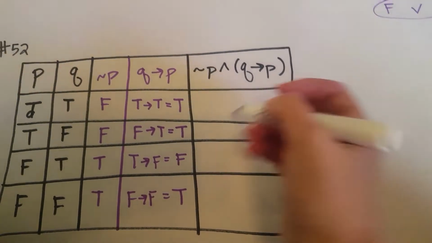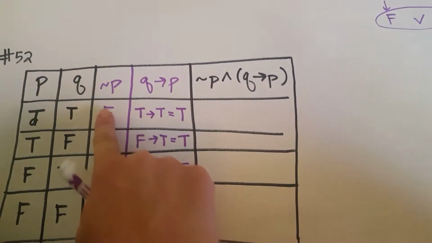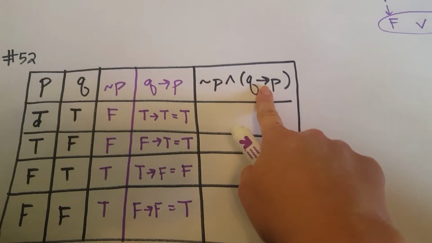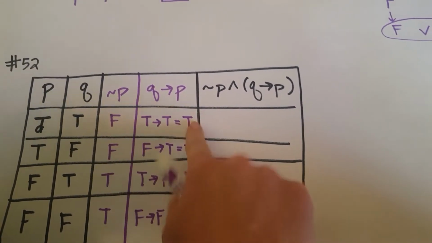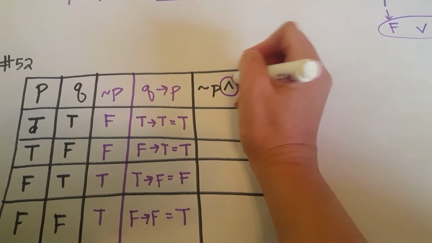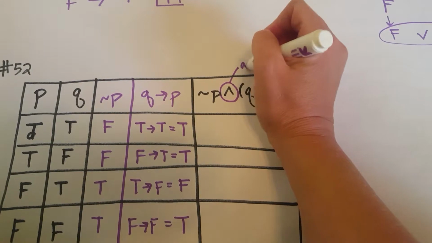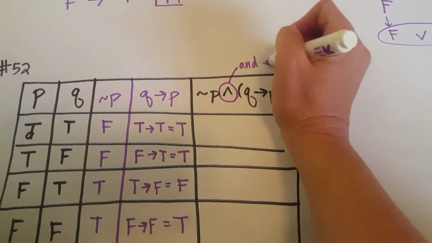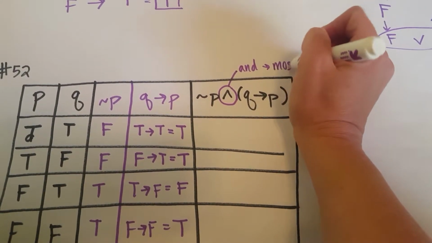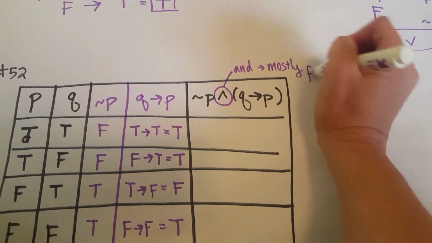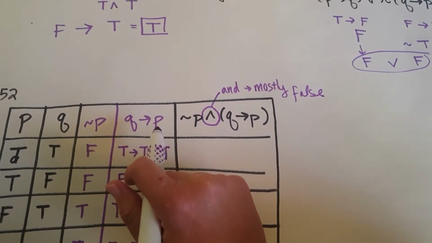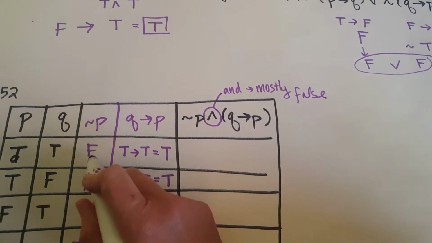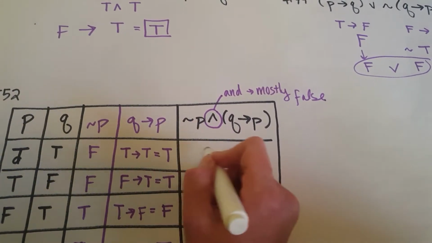Now, last but not least, I'm going to take this tilde P, which we have right here. Now, you could just do the overall answer, connecting them with the and. The and, remember, is mostly false. So once I have a false, when I have the and, it makes the whole thing false.